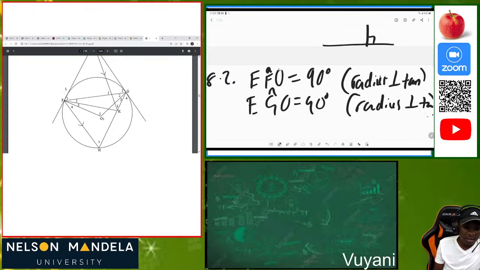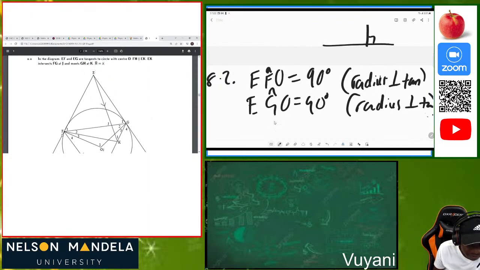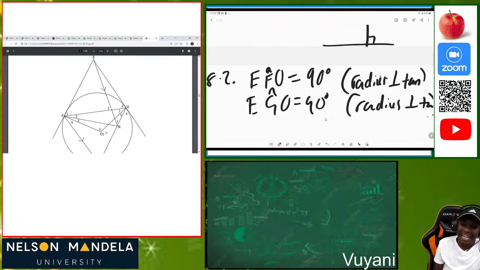Check it out. EF and EG are tangents, and any line drawn from the center of a circle to the circumference is a radius. So OG is a radius in this case, and OF is also a radius, which means these two lines are equal to each other. OG is perpendicular to the tangent EG.